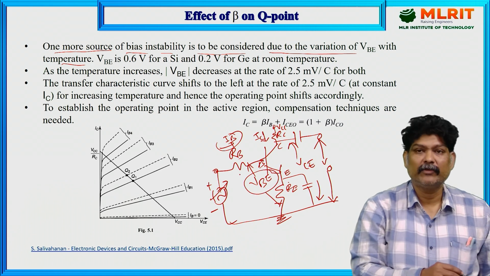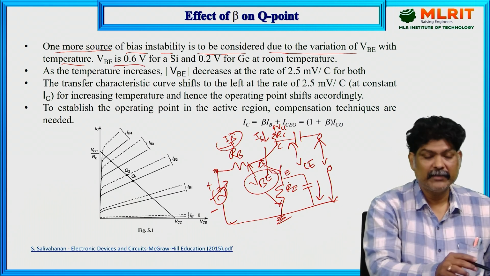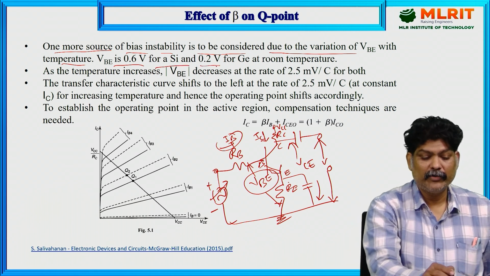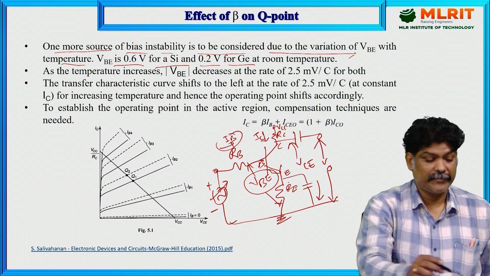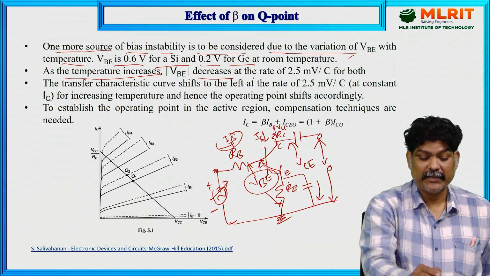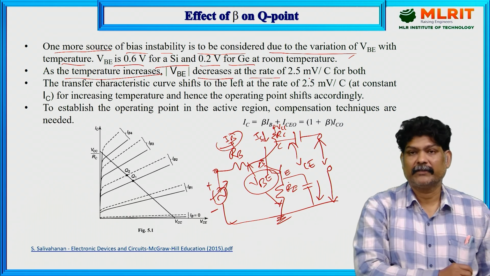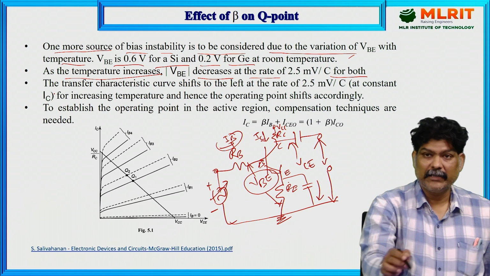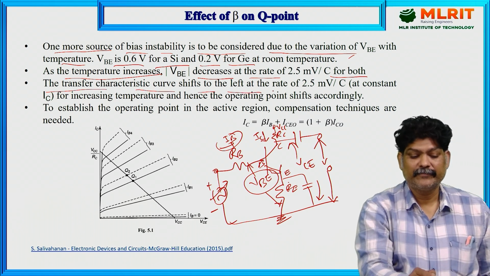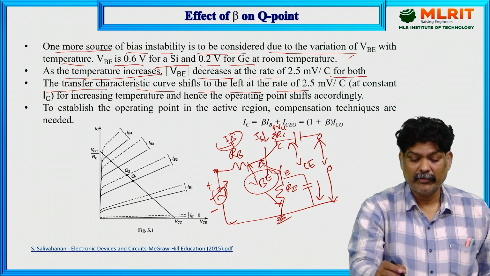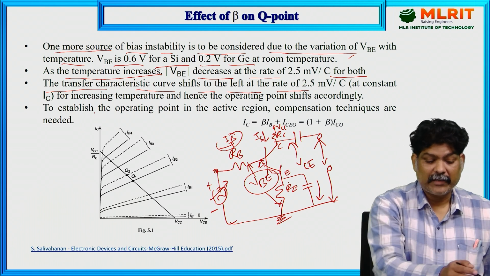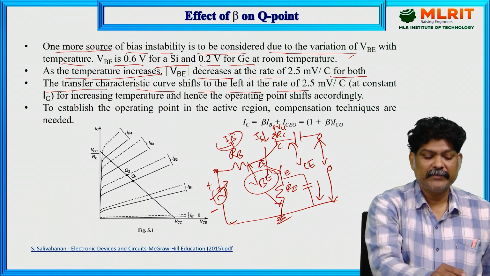The base emitter voltage changes with temperature, which is just like a cut-in voltage, about 0.7 volts for silicon and 0.2 volts for germanium at room temperature. As the temperature increases, the base emitter voltage decreases at the rate of 2.5 millivolt per degree centigrade for both silicon and germanium. The transfer characteristics curve shifts to the left at the rate of 2.5 millivolt per degree at constant IC.